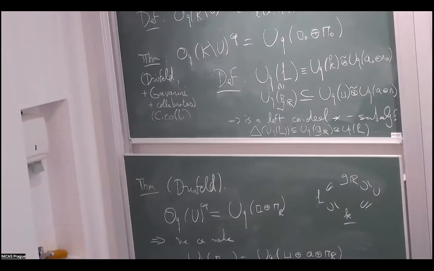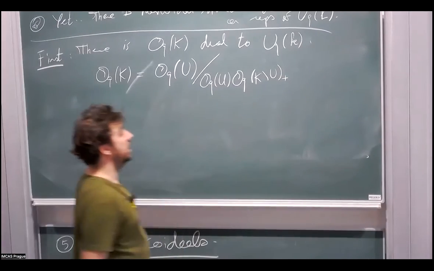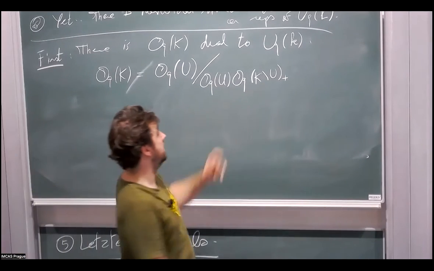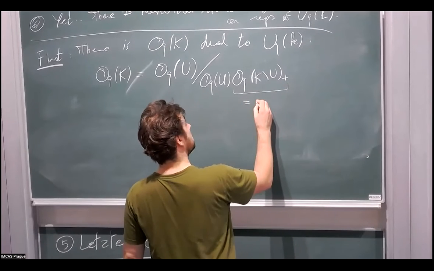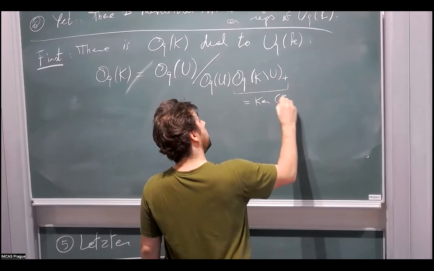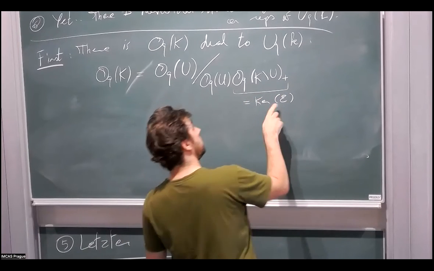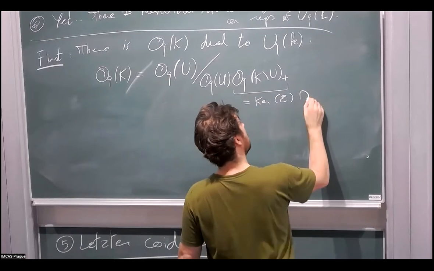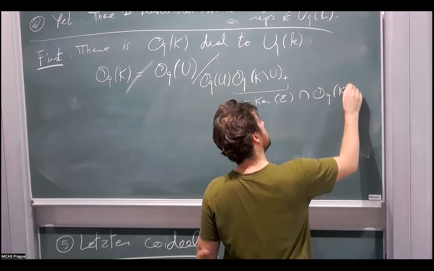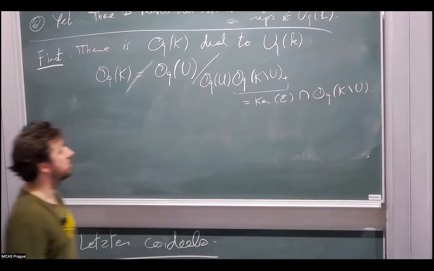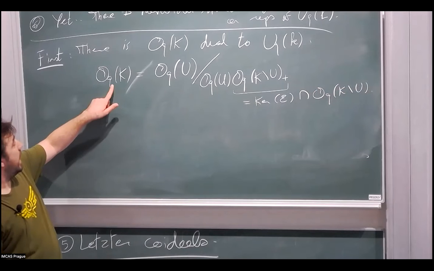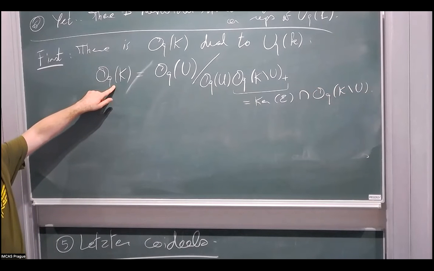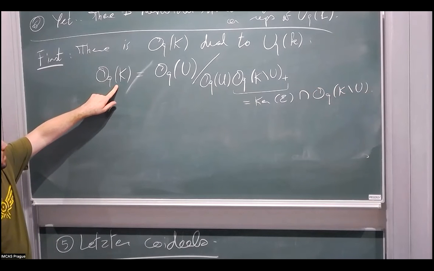So we look at all the functions which are left invariant and which vanish at the image of the unit in this quotient space. I can write this algebraically as the intersection of the kernel of the co-unit on OQU with my space here. If you think about this for a little bit, you see that this makes sense as a definition of OQK from the classical interpretation.